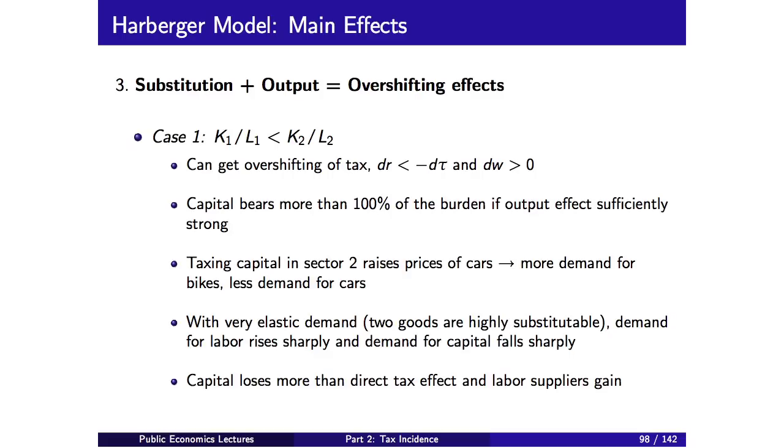Let's say bikes, to take an extreme example, are completely handmade. They hardly use any machinery. Then the demand for labor rises sharply, the demand for capital falls sharply, and capital ends up getting hammered because of the sector-specific capital tax, more than just the direct effect of the tax itself. And labor benefits because everybody wants to employ these bike makers, right?